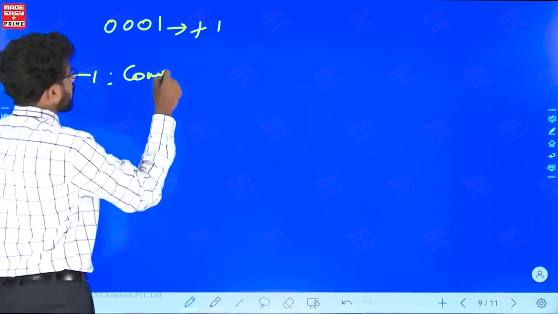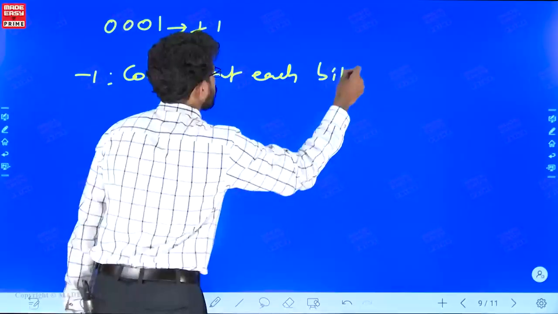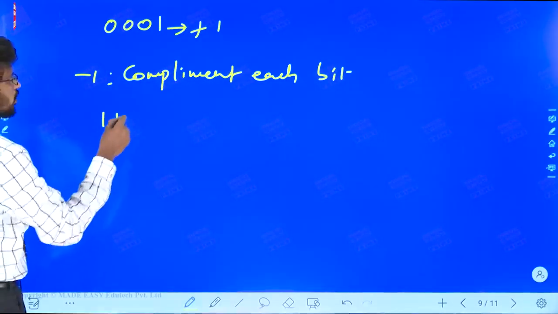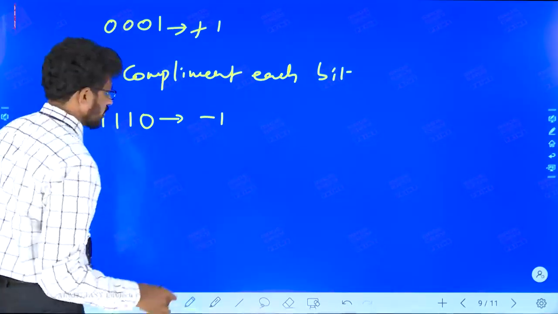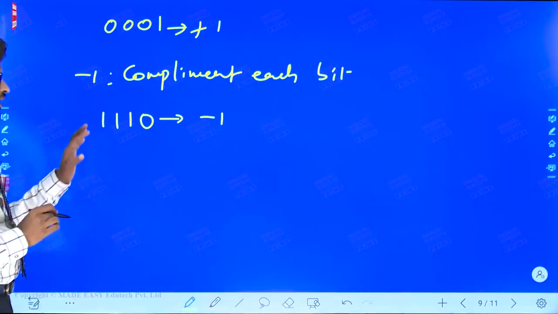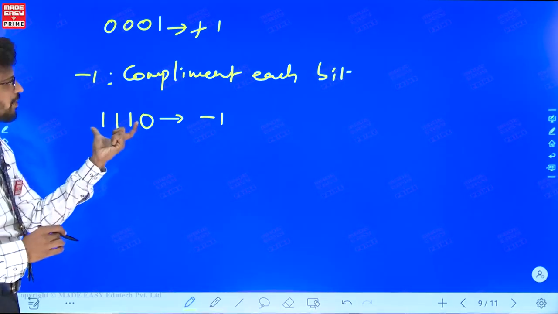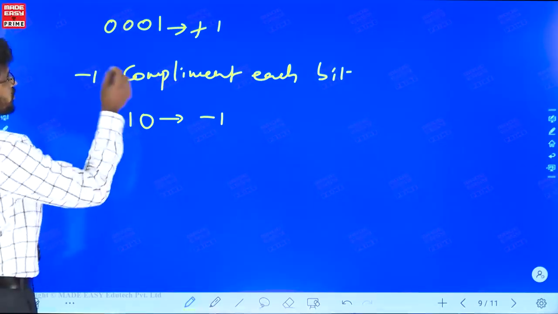Just complement each bit. So, you got 1110. This is equivalent to minus 1 in the 1's complement technique. Are you able to follow? Right.